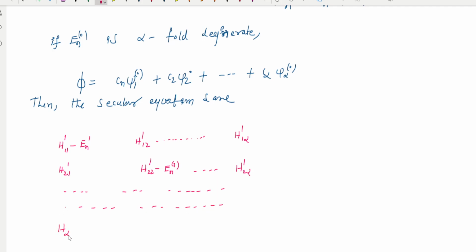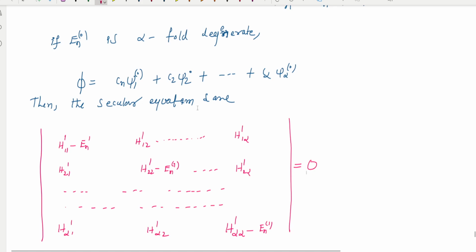The final one is H'alpha1, H'alpha2. Here H' means the perturbed Hamiltonian, H'alpha alpha minus En^1. This is the alpha-fold degeneracy secular equation. So this is all about degeneracy.